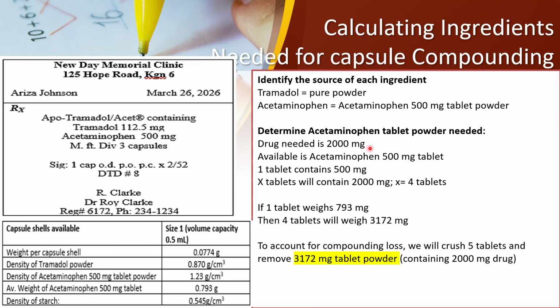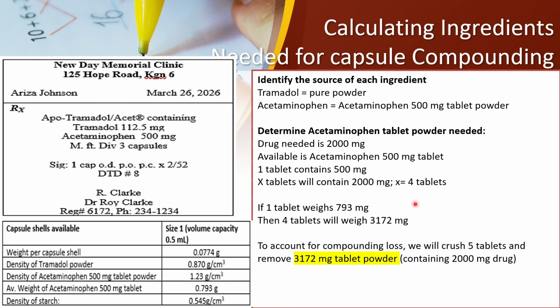And that's 2,000 milligrams or 2 grams of acetaminophen for the number of capsules we're sending. So because we have the tablet, we know that one tablet contains 500 milligrams. So we find out the number of tablets that 2,000 milligrams will be contained in, and that's 4 tablets.